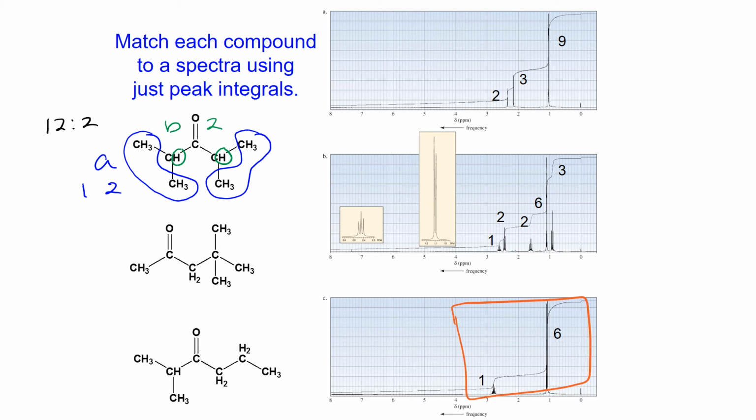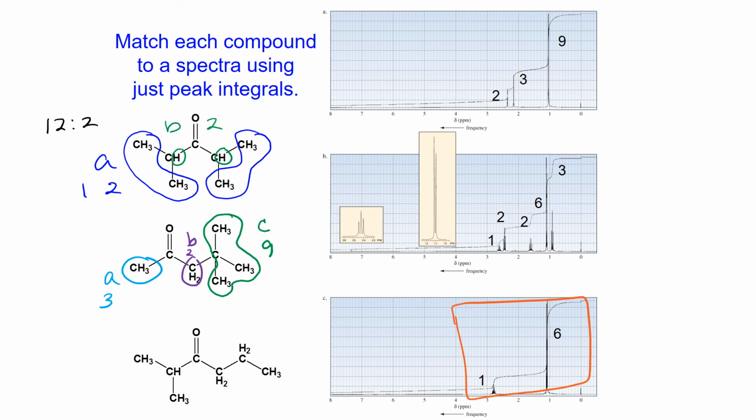On the next structure, we have a group of protons here that are by themselves. I'm going to call that a. It should come out to be an integration of 3. We have 2 protons here that are unique. I'm going to call those b, and the signal should represent 2. And then we have these 3 methyl groups here. I'm going to call those c, and that should represent 9.